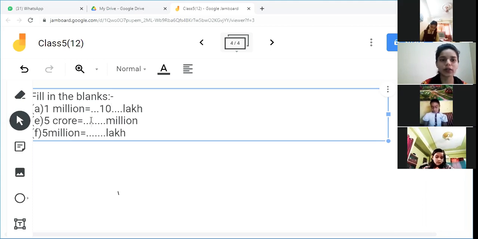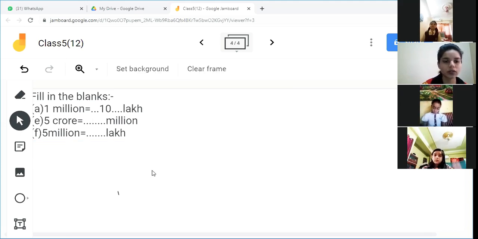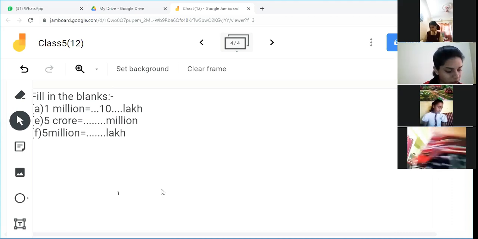Now, 5 crore equals how many million? 5 crore equals how many million, children? See, if you want, you can compare the Indian place value chart and the international place value chart. So according to that, what will come?